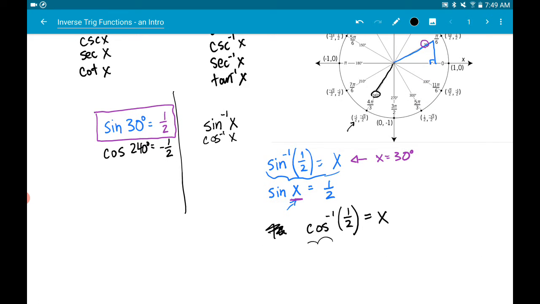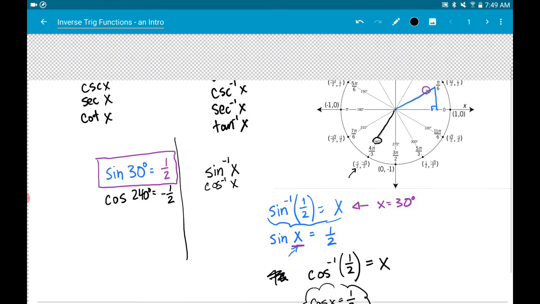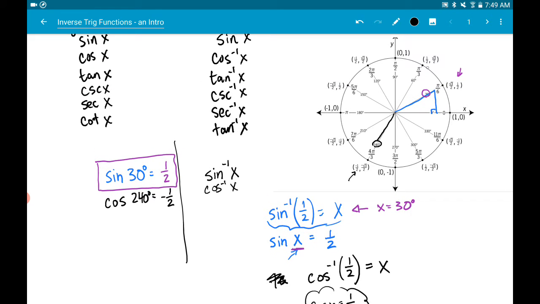One way of thinking about it, and my little thought bubble here, there I am thinking, this is saying cosine of what value is 1/2. And if I look up here, cosine is 1/2 right there.